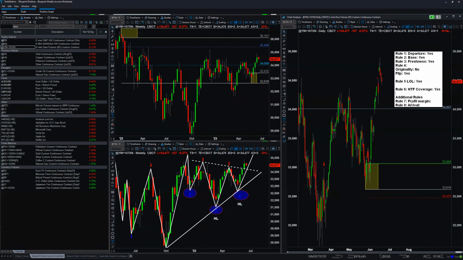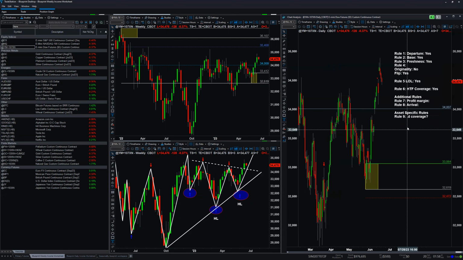So we've talked about our 8 market timing rules. 7 and 8 of them are additional rules, and then we may have asset specific rules, right? And so there may be a rule 9 on equity indices, which is going to be coverage that is specific to equity indices, right?